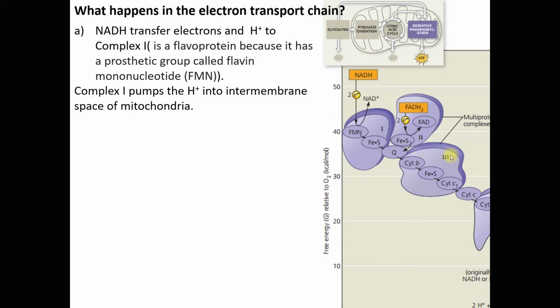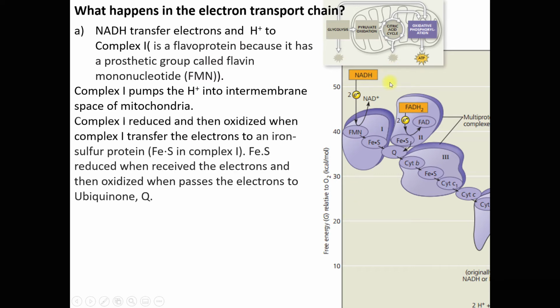Next, complex 1. Okay, after complex 1 receives the protons from the NADH, the complex 1 pumps the protons into the intermembrane space of the mitochondria. Then next, complex 1 is reduced and then oxidized when complex 1 transfers the electrons to an iron sulfur protein in the complex 1.